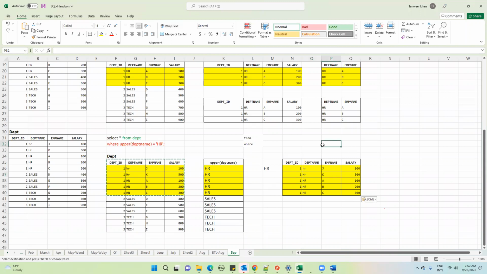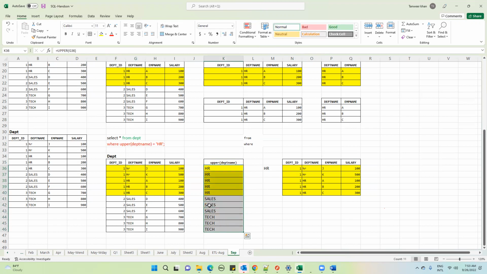Tanvir, one doubt. You told that UPPER is converting the HR to uppercase, then it's comparing with the temporary table, but why is it not displaying in uppercase? Very good question. You told that the engine will see that the user has mentioned UPPER on department name, so it will convert all the department names to uppercase.